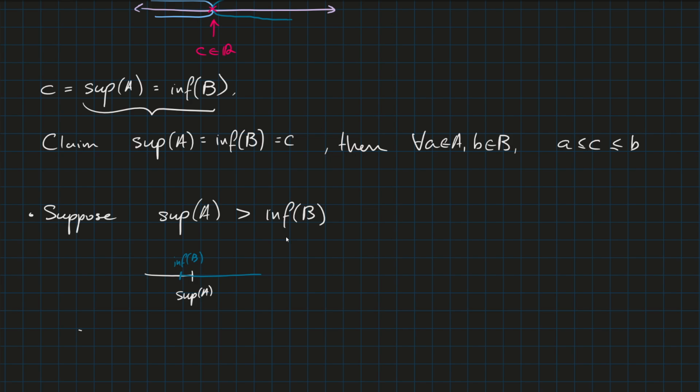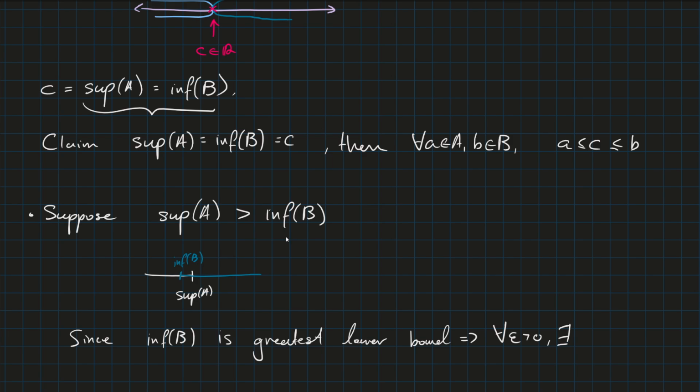Since the infimum of B is the greatest lower bound, this tells us that for all epsilon greater than 0, there exists a b in B such that b is less than the infimum of B plus epsilon.